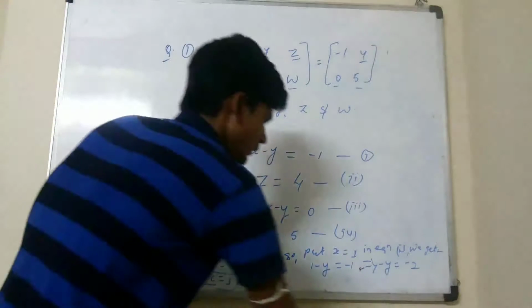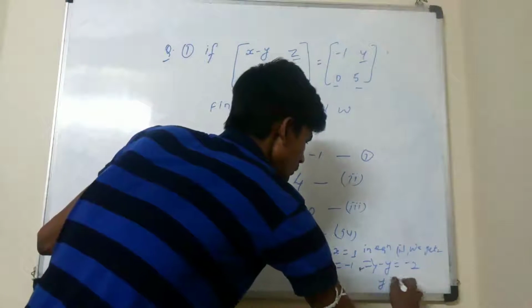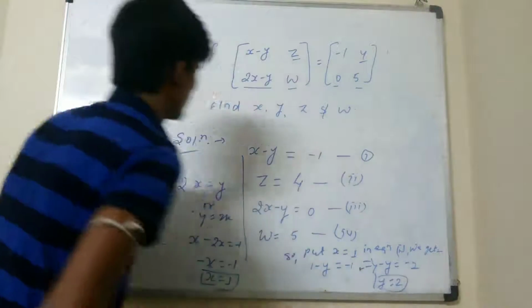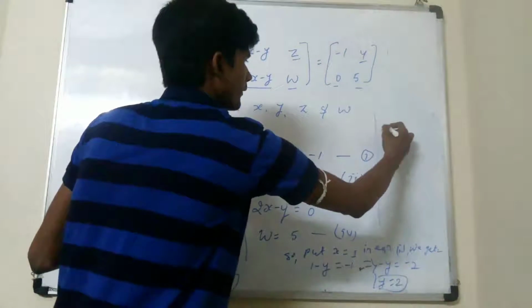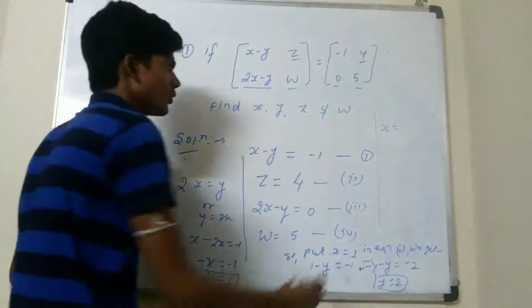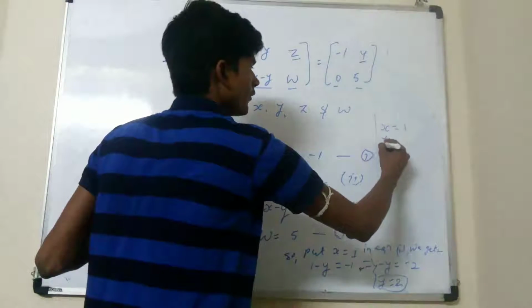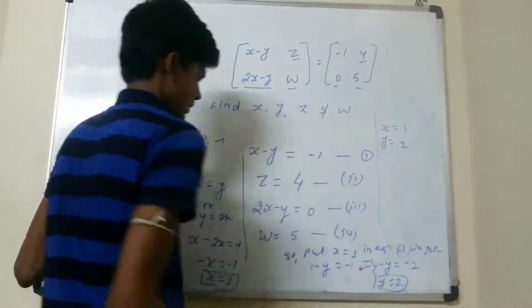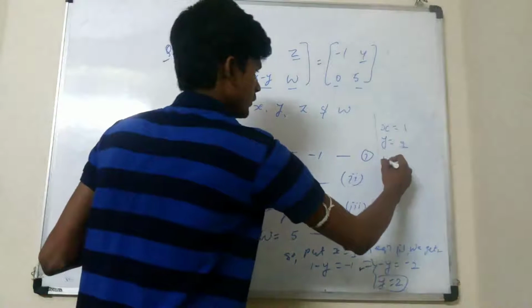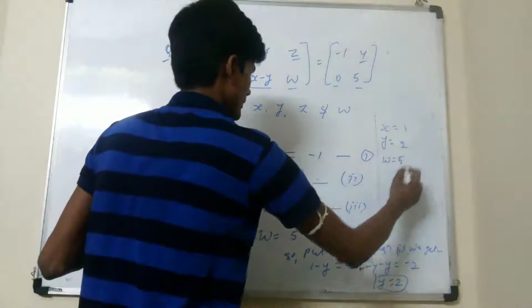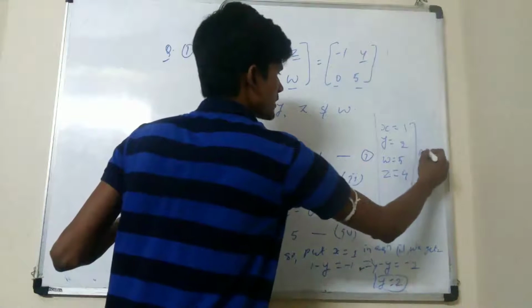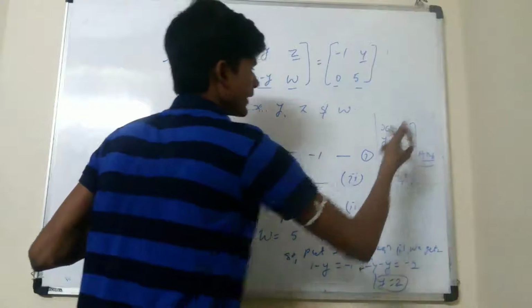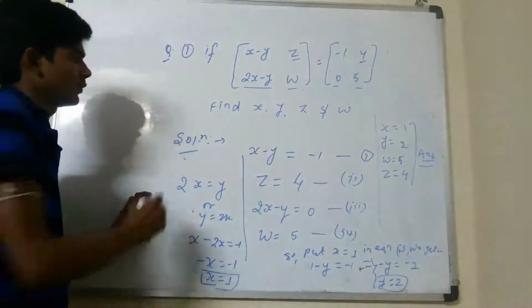Is it clear? So y equals 2. The value of x is 1, y is 2, w is 5 and z is 4. These are the values of x, y, z and w.